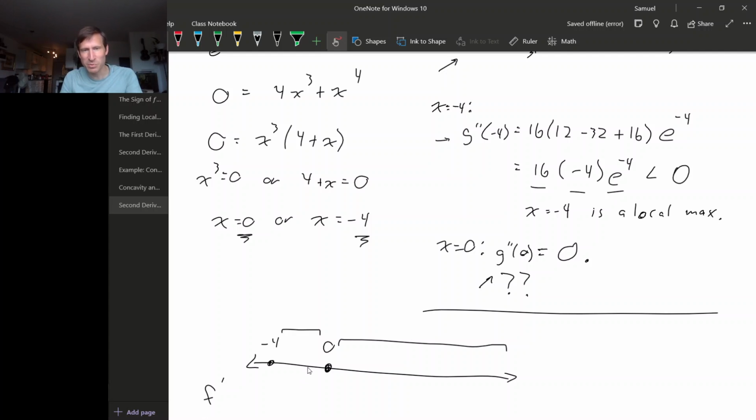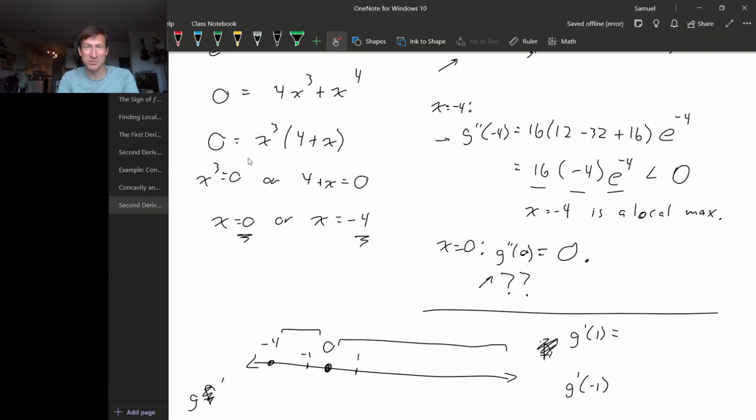So we need some test points. How about at -1 and at +1? So we need to calculate, I'm sorry, I'm writing f, this should be g. We need to calculate g prime of 1, and we need to calculate g prime of -1, so that we can know on the intervals next to x equals 0, is the first derivative positive or negative?